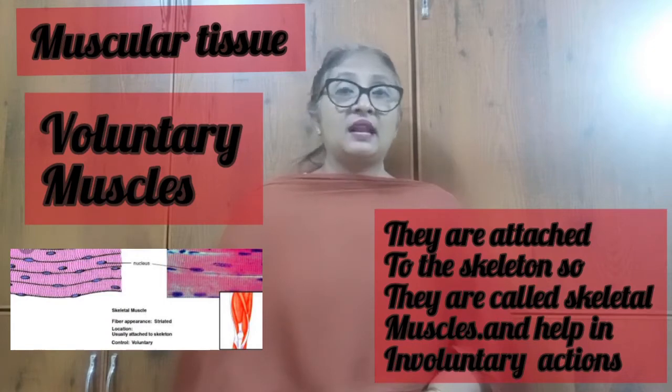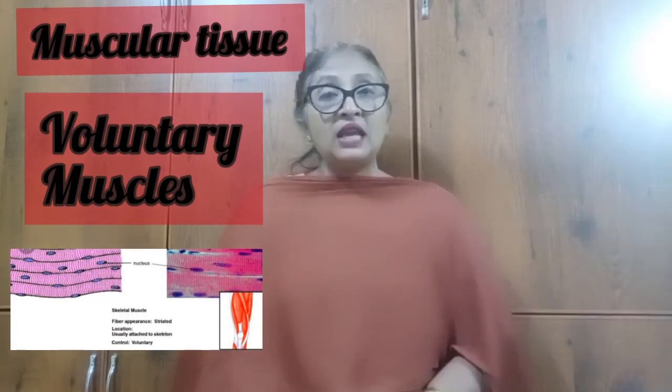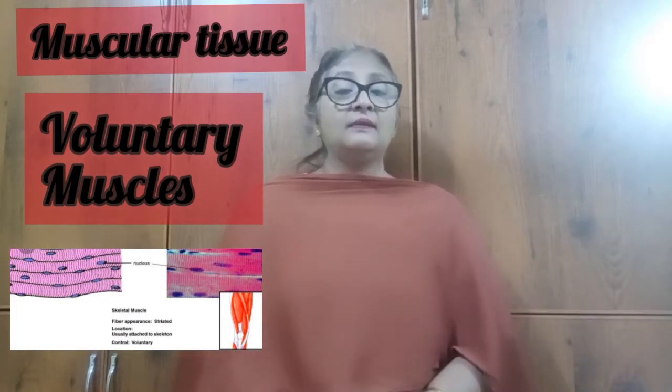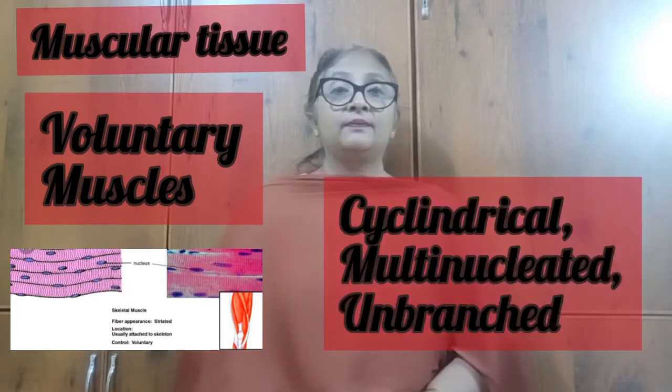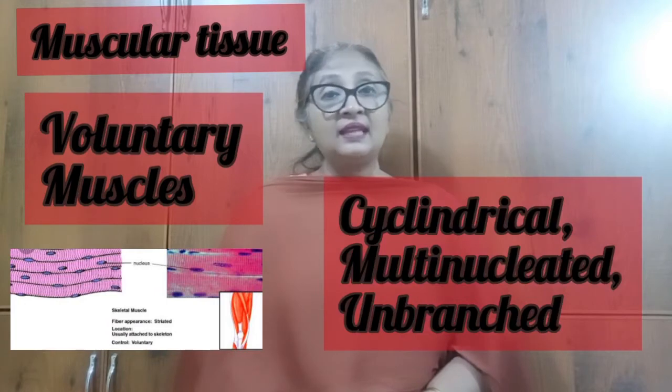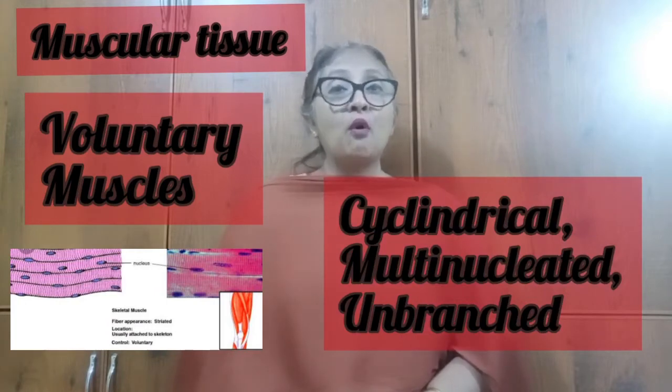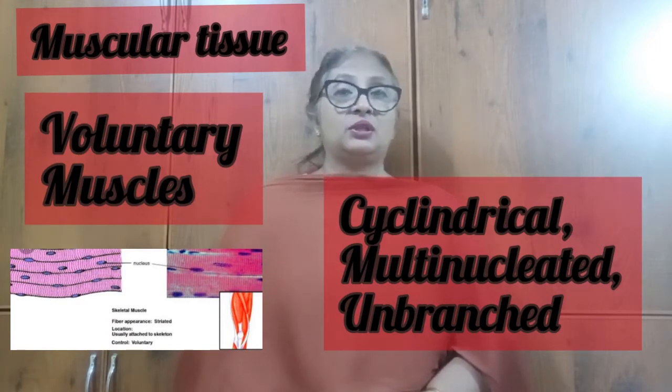Now these cells are cylindrical in shape. They are multinucleate. That means each cell contains more than one nuclei. Not only that, they are unbranched.